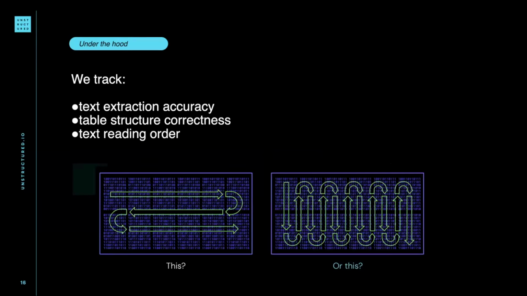Next, we track whether we identified the table structure correctly, whether the rows are where they're supposed to be, the columns where they're supposed to be. And the last one is the text reading order, because depending on the layout and different columns that you may have, the reading order can differ. And if you mess it up, the results are not going to make sense necessarily.